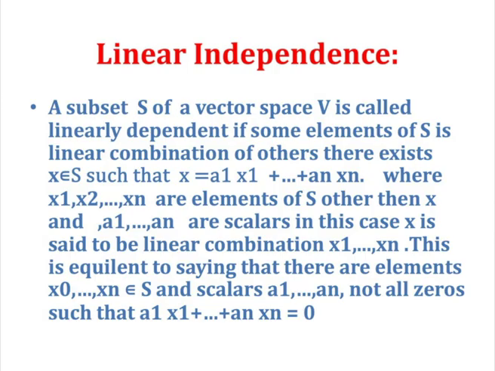There exists x belongs to S such that x equals a1 x1 plus a2 x2 plus so on a n x n, where x1, x2, etcetera x n are elements of S other than x, and a1, a2, a3, etcetera a n are scalars. In this case, x is said to be a linear combination of x1, x2, etcetera x n.